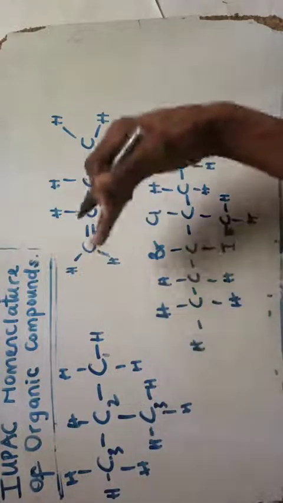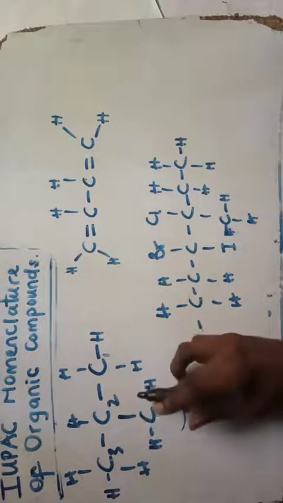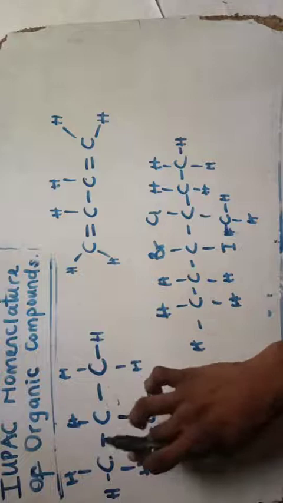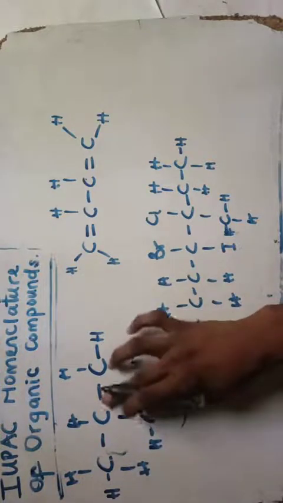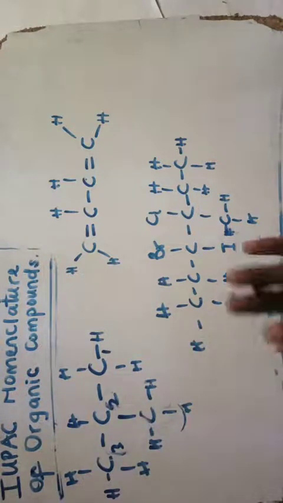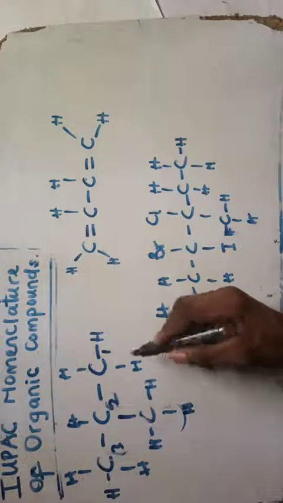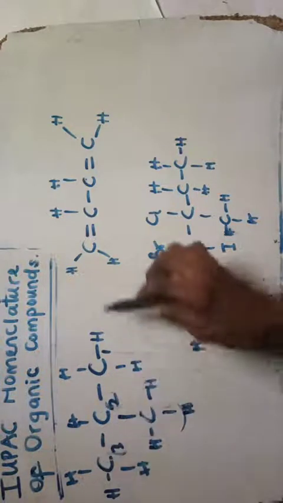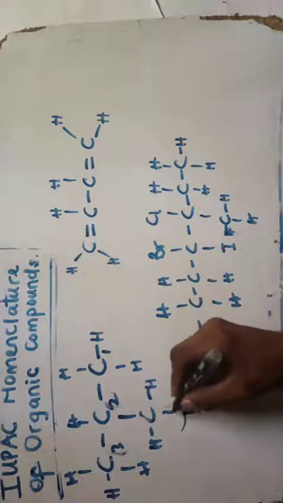So if I'm going for this straight chain, what is my branch? If I have 1, 2, 3 here, naming this compound, that is propane. So the functional group is just A. But you see, we have a branch here, number 2.